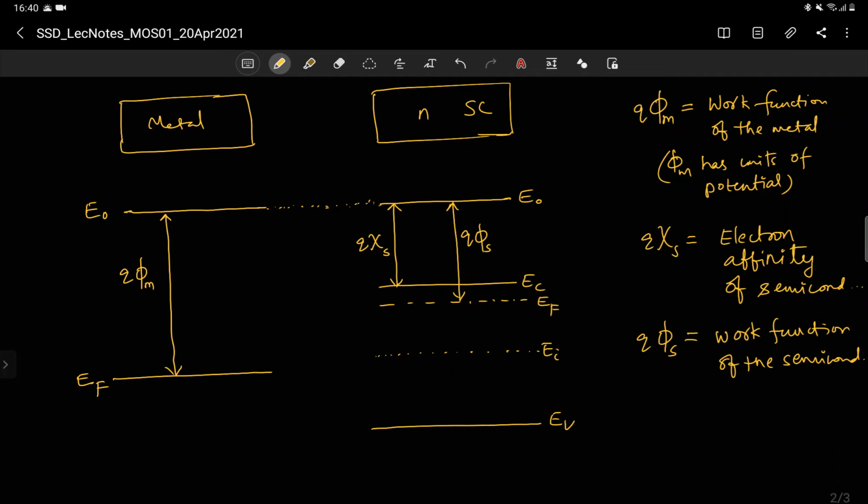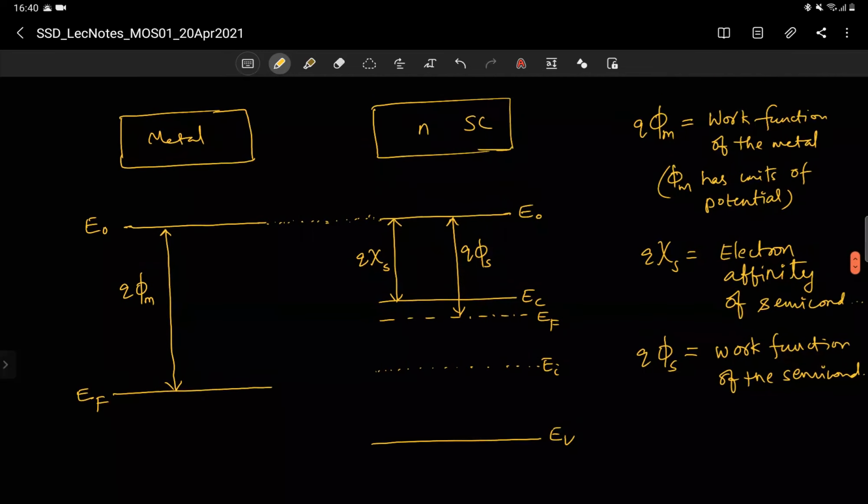Why? Because if you want to analyze using the already learned p-n junction concept, then you have to see which actually supplies electrons and which actually supplies holes. Here the hole concentration in the n-type semiconductor is very small, so we don't need to talk about hole concentration or hole movement.